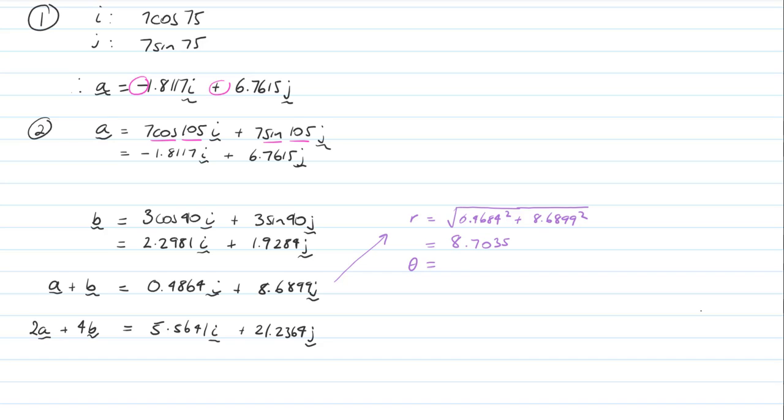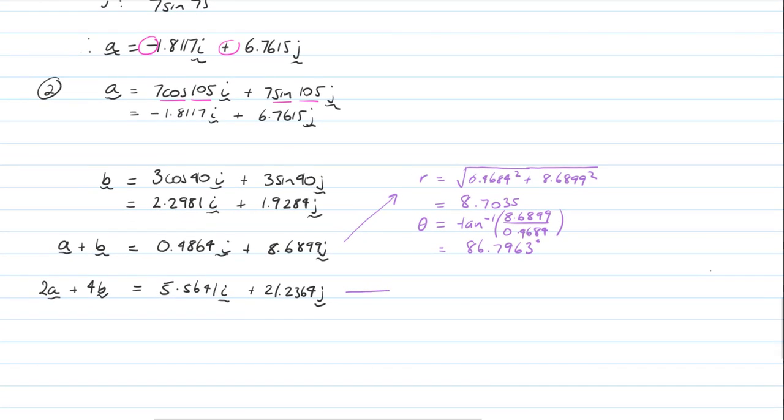And theta is equal to tan inverse of b on a, which is 8.6899 over 0.4864. Go back to the diagram if that helps. And tan inverse of that is 86.7963 degrees. So there's our R and our theta.